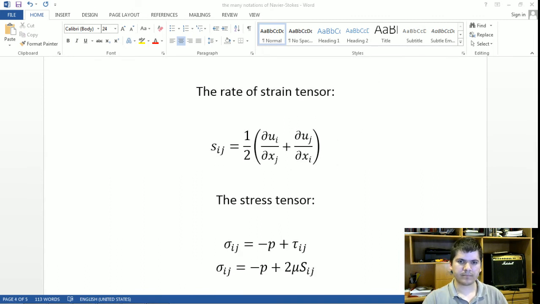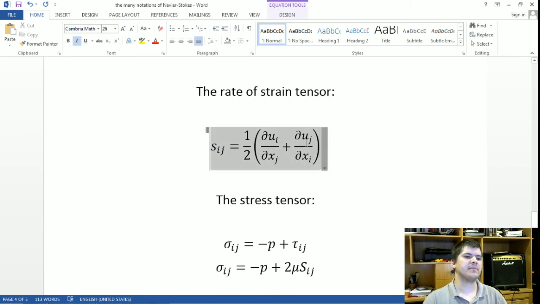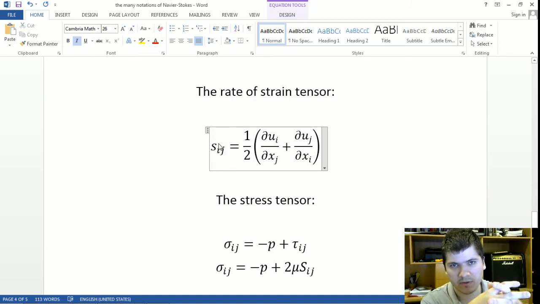Okay, so to do that, we define the rate of strain tensor, which looks like this. Okay, so we have the partial derivative of u_i with respect to x_j, plus u_j with respect to x_i. So the S_ij component of this tensor, remember i stands for the row index and j stands for the column index, so we have to go i from 1 to 3 and j from 1 to 3.